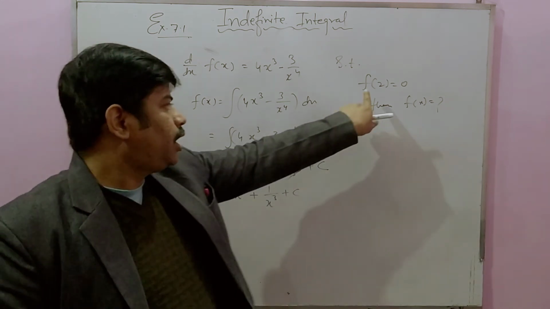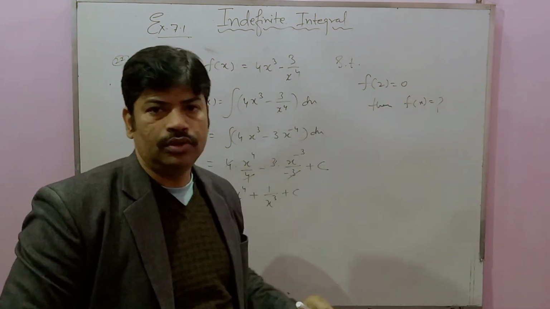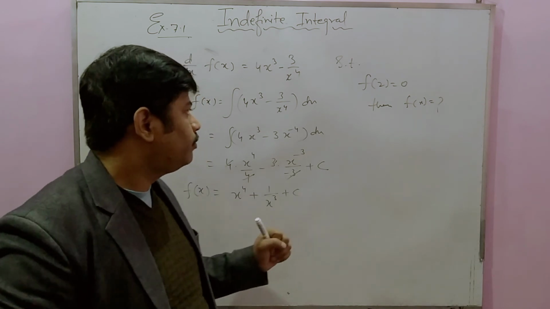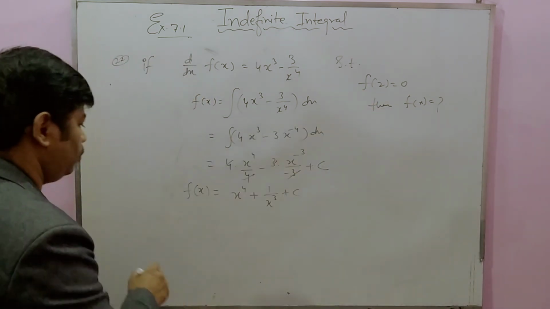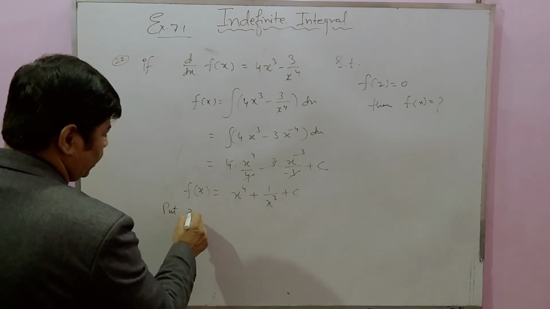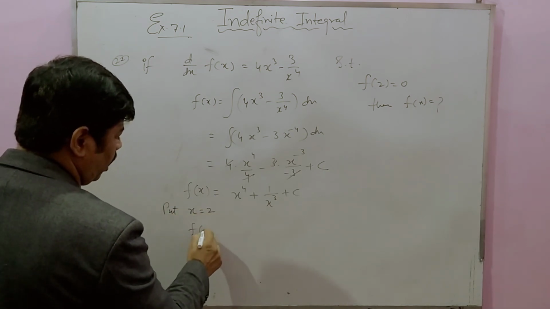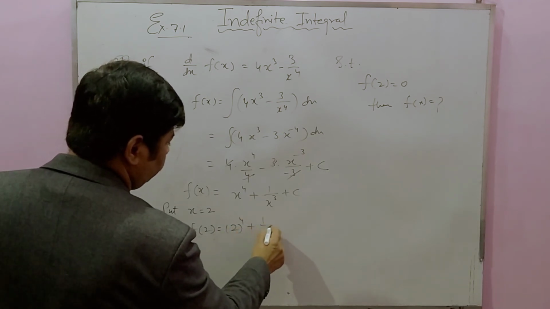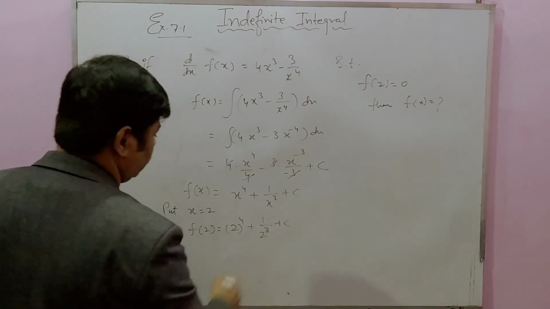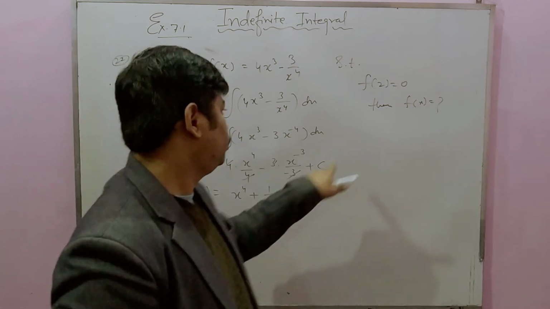Now it is given that the value of f(2) equals 0. It means we are putting the value of x as 2. So f(2) is 2 to the power 4 plus 1 upon 2 to the power 3, plus c. The value of f(2) is 0.